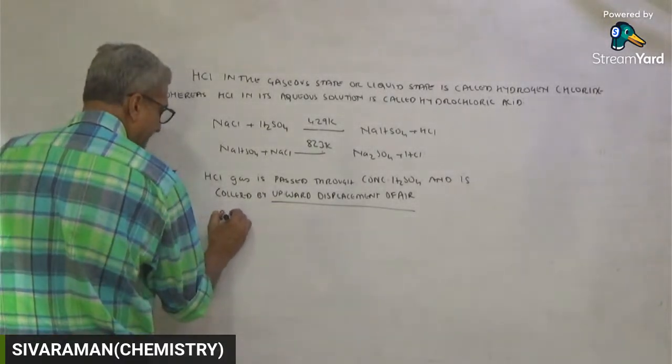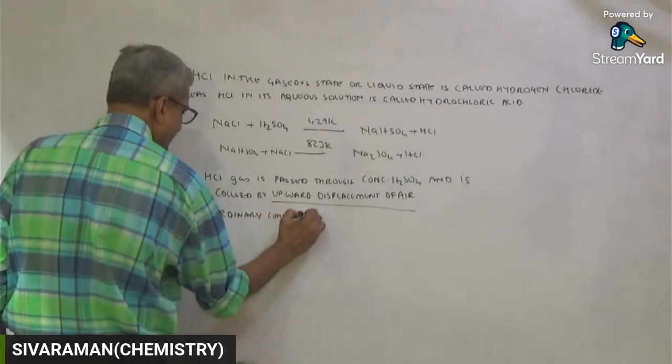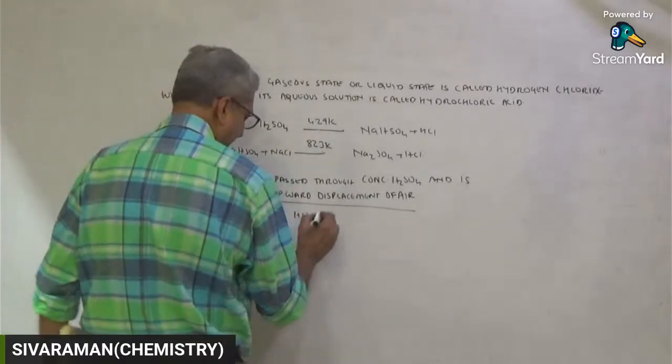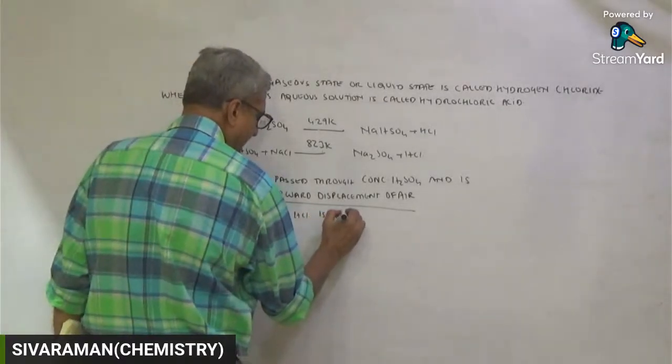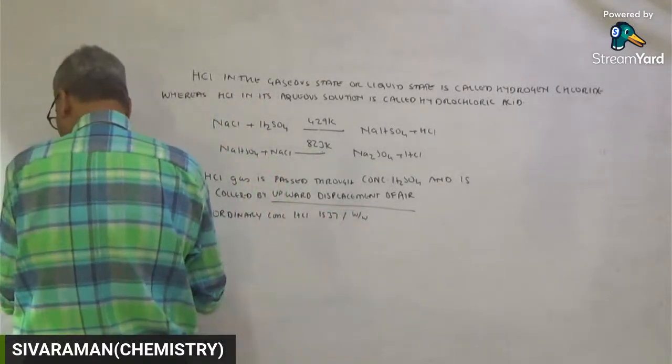Now, ordinary concentrated HCl is about 37% weight by weight. What is its specific gravity?